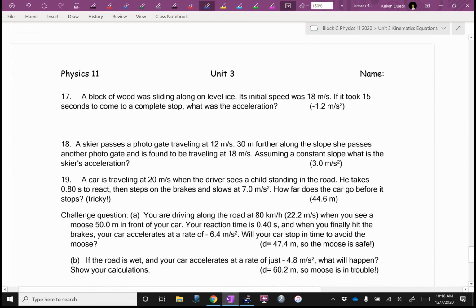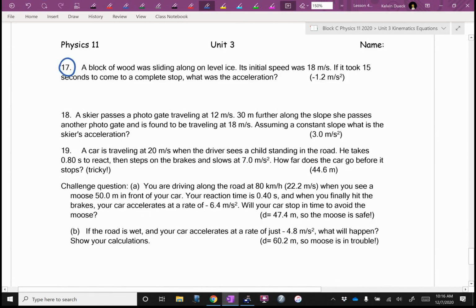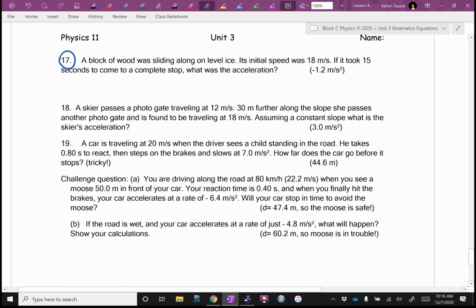So 16 is good. 17 is good. 18 is also, I haven't explained. This is a tricky question. You don't have enough to answer the question. You'll have to find something in order to find something. And I'll talk about these tomorrow afternoon. Okay?